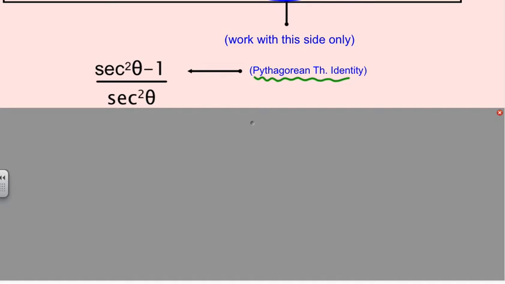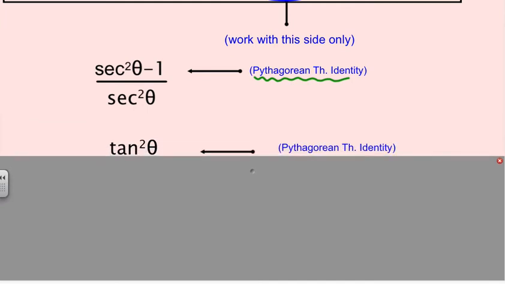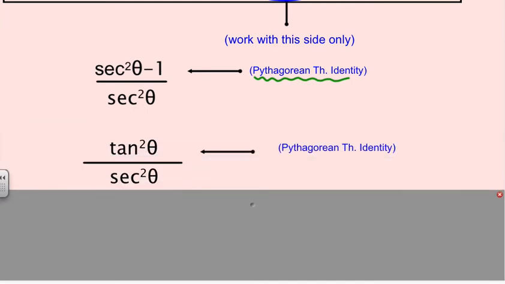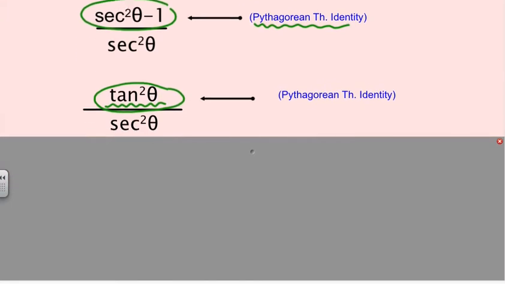Secant squared of theta minus 1. Can you find it? Does it equal the tangent squared of theta? So again, take your time, look at your identity sheet. Secant squared of theta minus 1 equals tangent squared of theta. Now I have not done anything else with the denominator yet. Again, please make sure you pause if you need to.